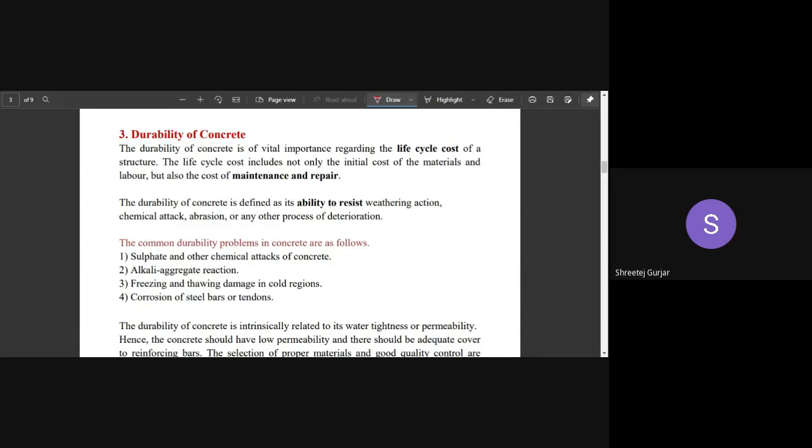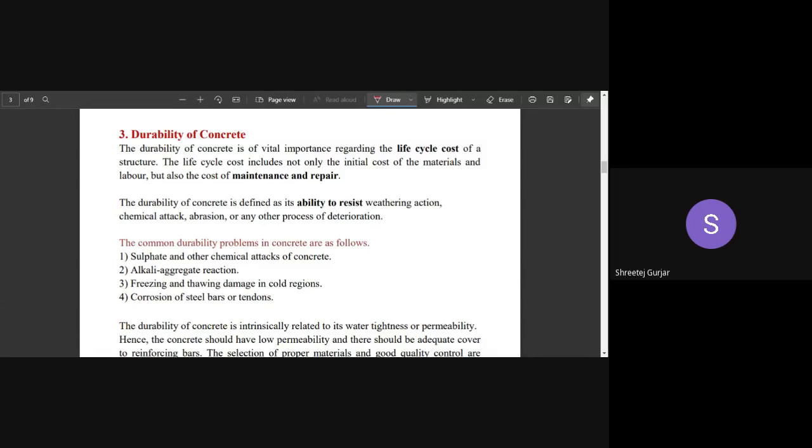So coming to your fourth point, it is regarding corrosion of steel bars and tendons, right? It is the main point wherein your steel and your tendon start to corrode, and when that occurs, your steel will fail, and when your steel fails, your entire structure will fail. One more important thing is that in your PSC members, the amount of steel is lesser compared to your RCC members.